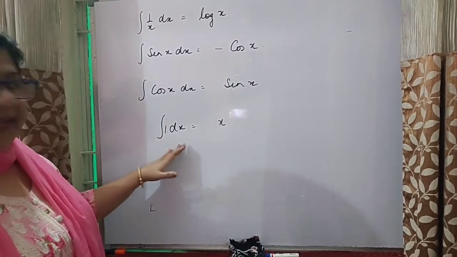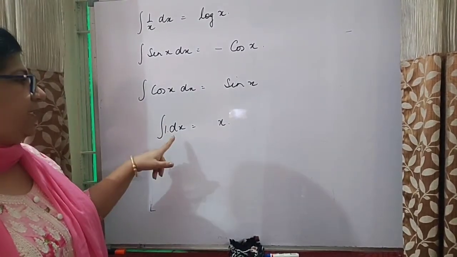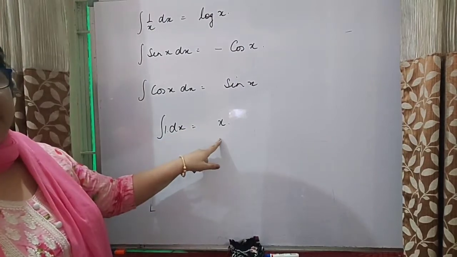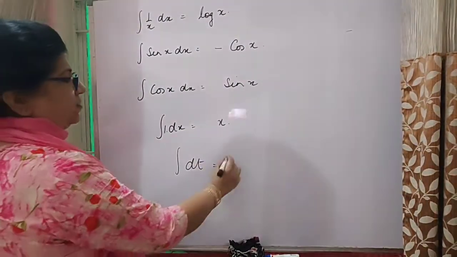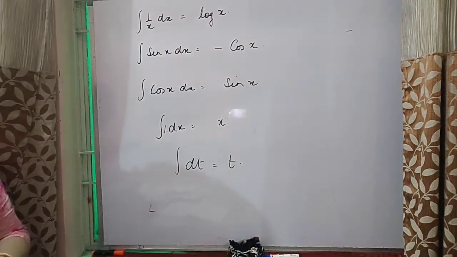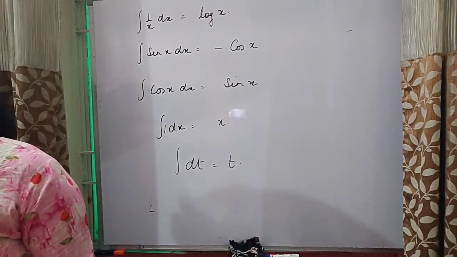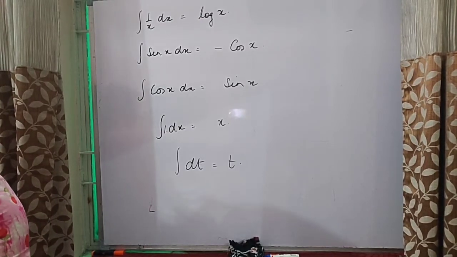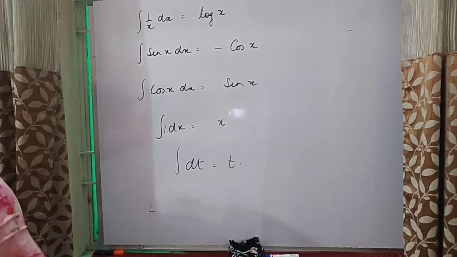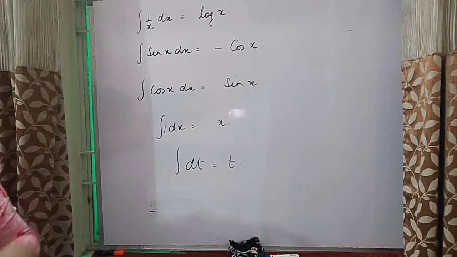Integration of dx, suppose there's no value written, it is only written integration of dx, the value is x. Or suppose in place of x some other value is written, if it is dt, it will be t. Okay, similarly for the differentiation also. So as the things will come up, I'll keep on telling you that.